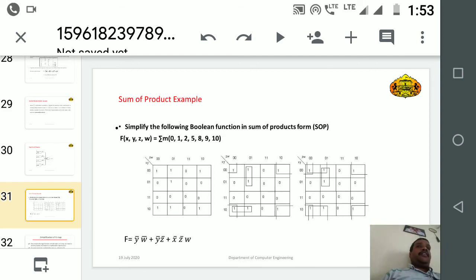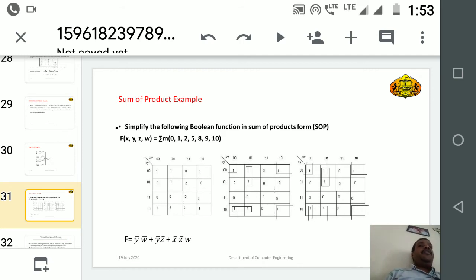We already saw how to represent a K-map. So here in this example, x, y are two variables, and z, w are the next two variables.